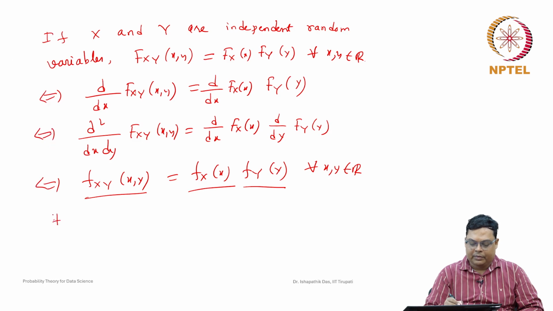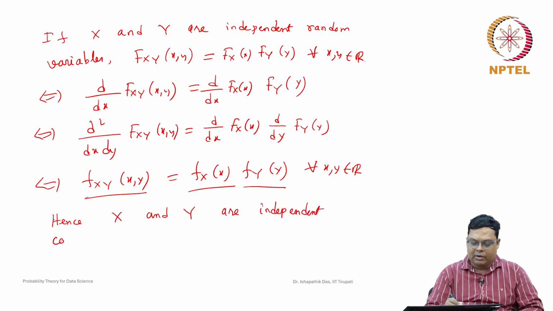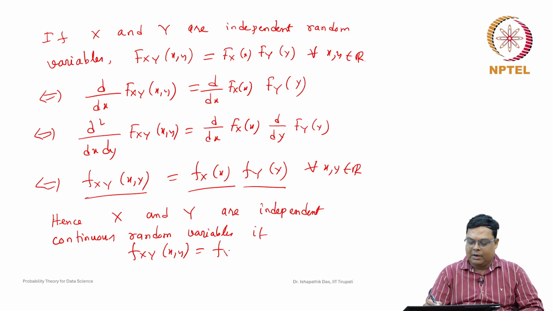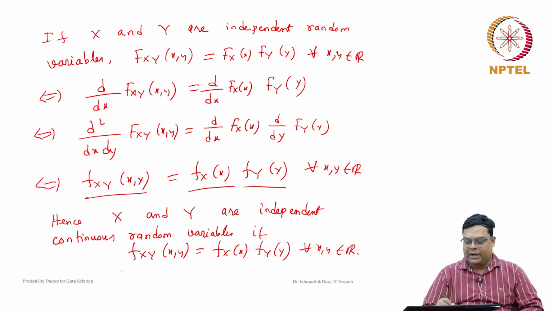Hence we can say that X and Y are independent continuous random variables if the joint probability density function can be represented as the product of their marginal probability density functions for all x, y belonging to R. If it can be represented that way, then we say that X and Y are independent random variables.